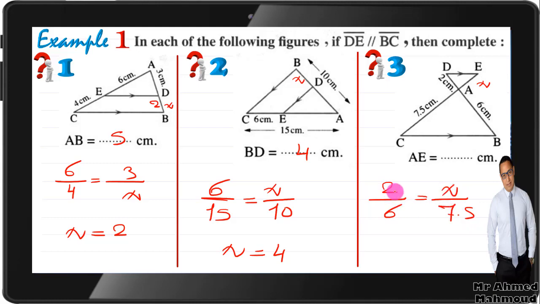So X equals 2 times 7.5 over 6, which is 15 over 6, equal to 2.5. X equals 2.5. So AE equals 2.5.